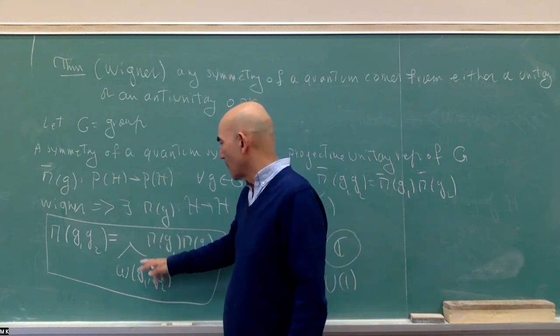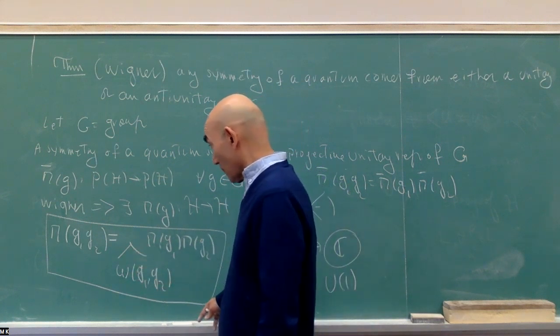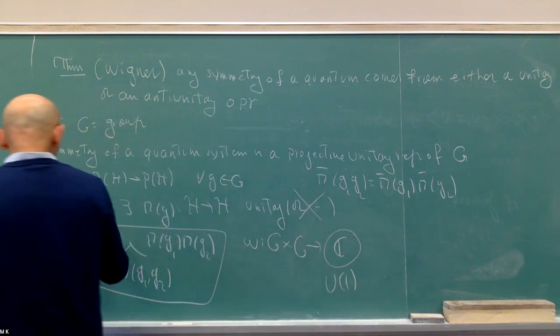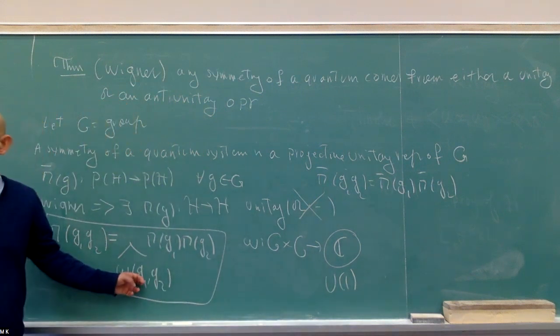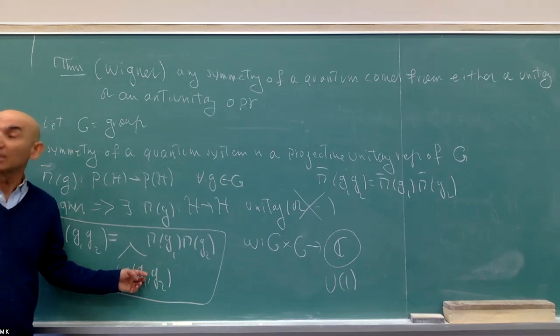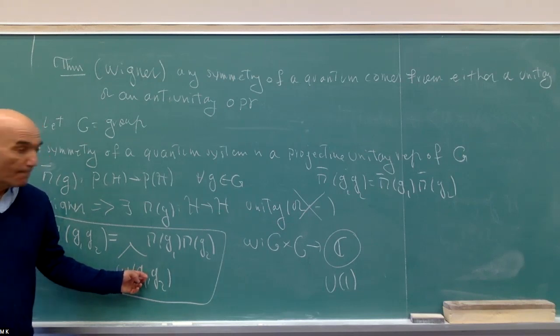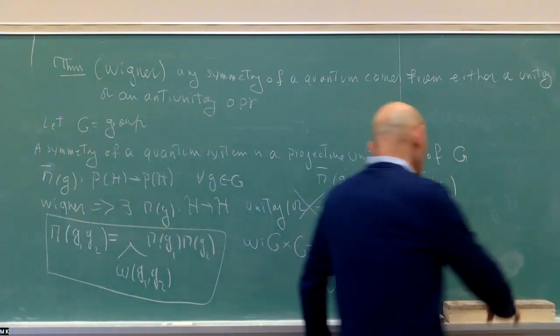Obviously, for associativity consideration, this omega has to satisfy some conditions, which would be a co-cycle for groups in this case, not the algebra. And then you differentiate those relations, you get for the Lie algebra, the things for the algebra.